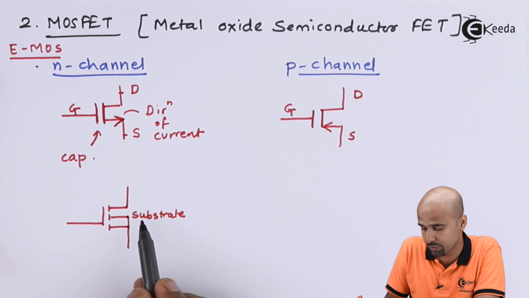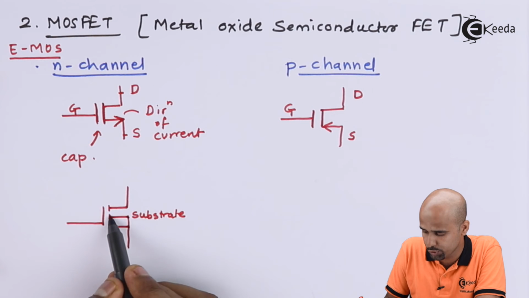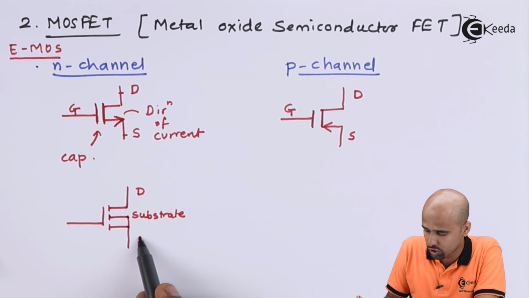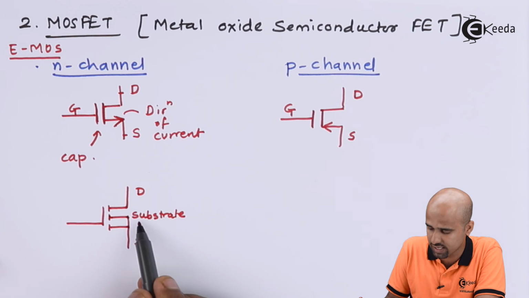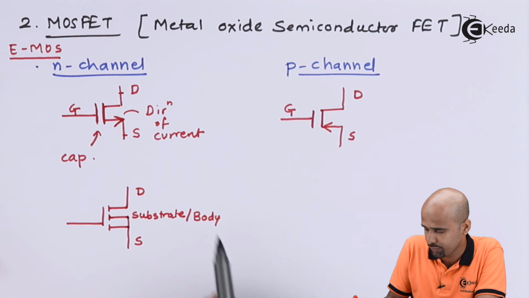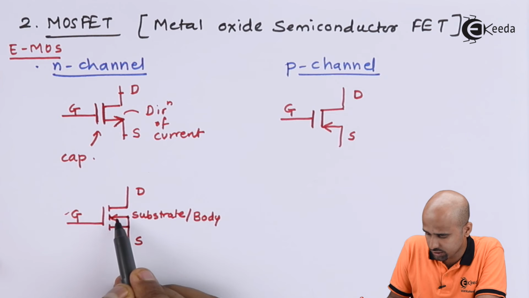This is called the substrate terminal. This is a fourth terminal in MOSFET we are introducing. So MOSFET is not a 3-terminal device, it's a 4-terminal device. This is D, this is S, and this is substrate, or also it is called body. This is G. And here we are changing the direction.